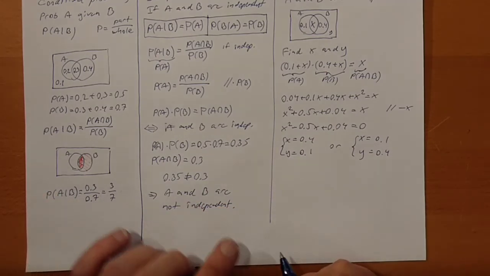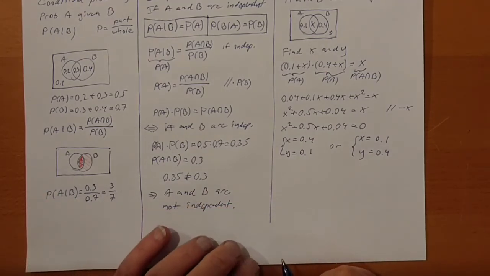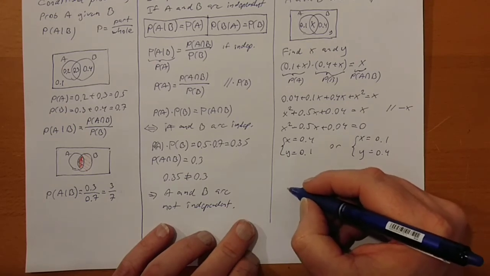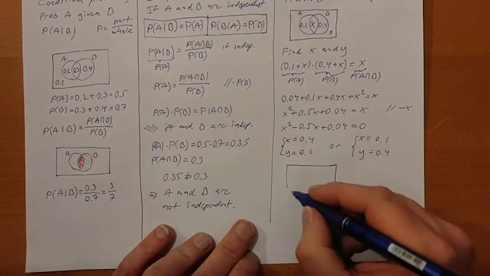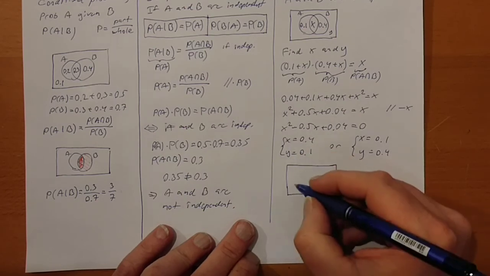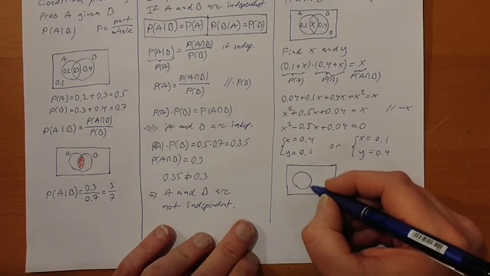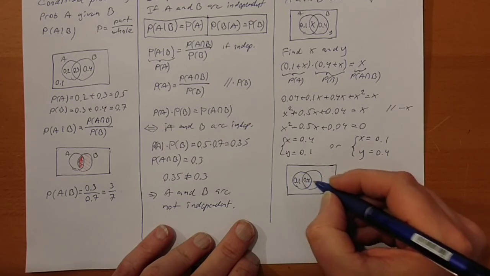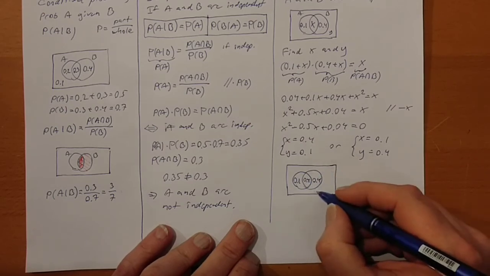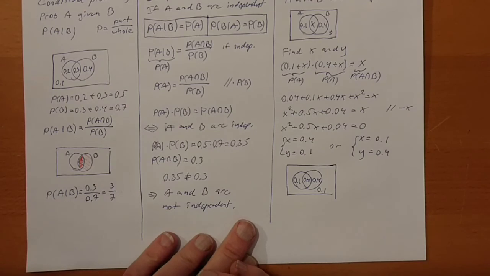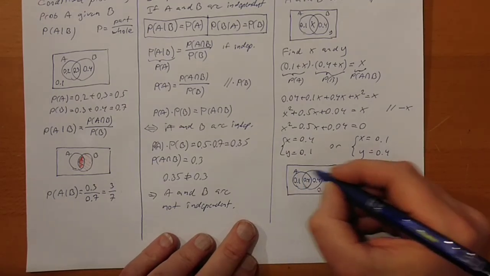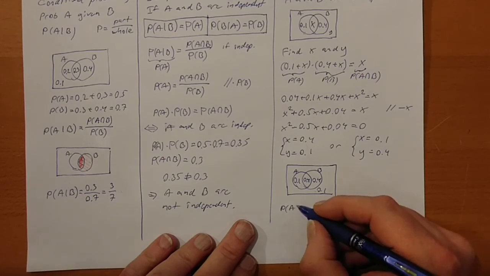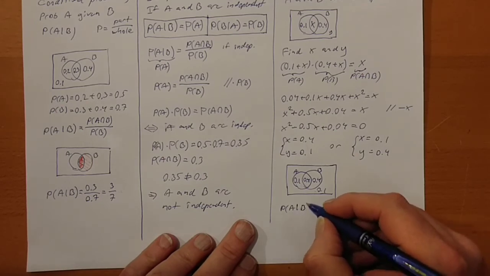Okay, let's double check that these events are really independent now. So let's draw this diagram again, but now with values. Say for this situation, we have that this is 0.1, this is 0.4, and this is 0.4, and this is 0.1. A and B. So what is the probability for A to happen given that B has happened?